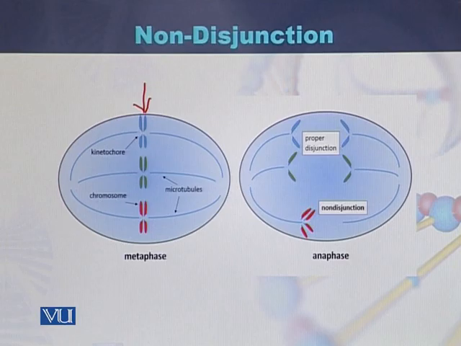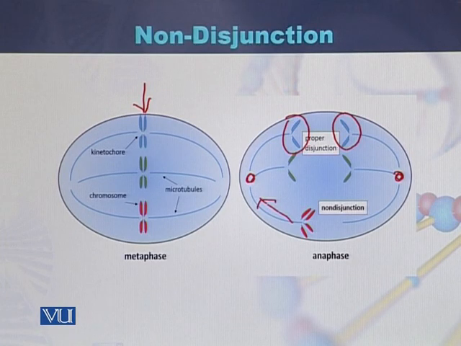In case of proper disjunction, we can see that the chromosome is divided into two sister chromatids, one sister chromatid and a second sister chromatid, and each sister chromatid will move towards a pole, one pole and the second pole. On the lower side, we see that both the sister chromatids are moving toward one direction.